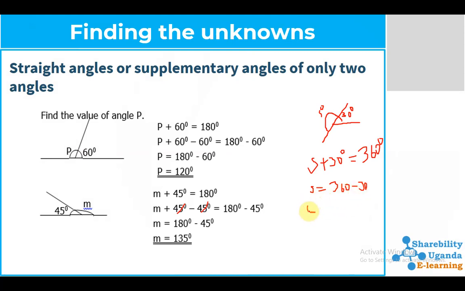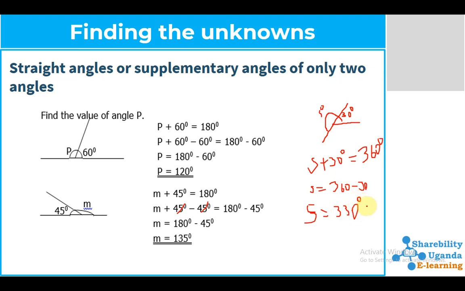So our s will be equal to, what is 360 minus 30? We shall get 330 degrees.